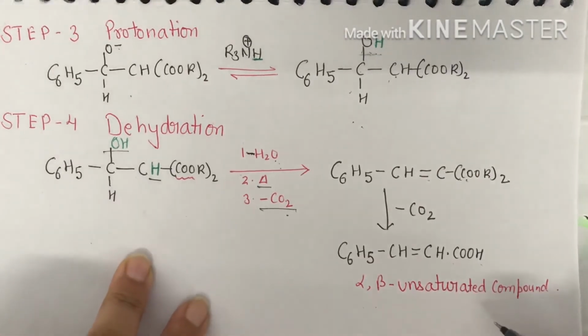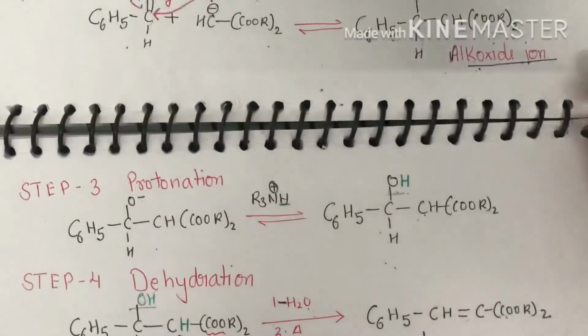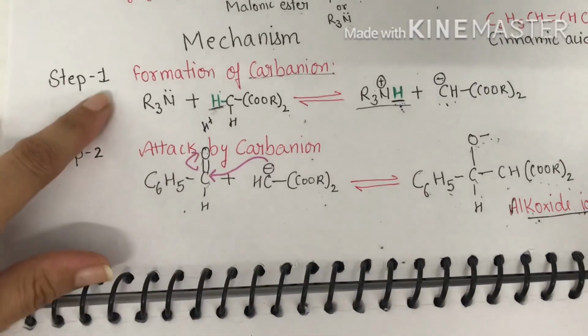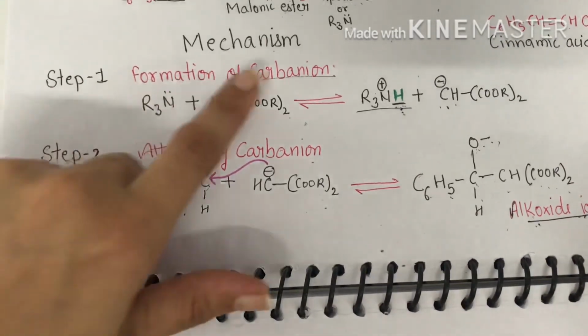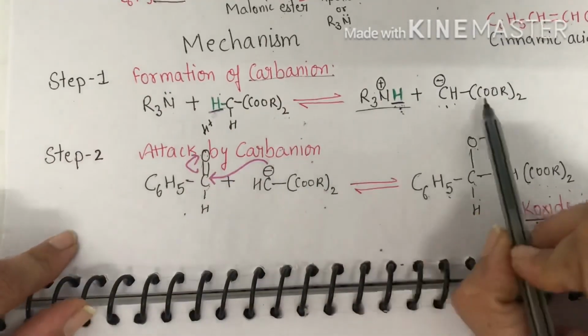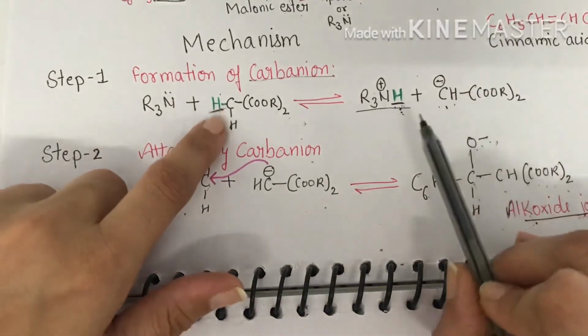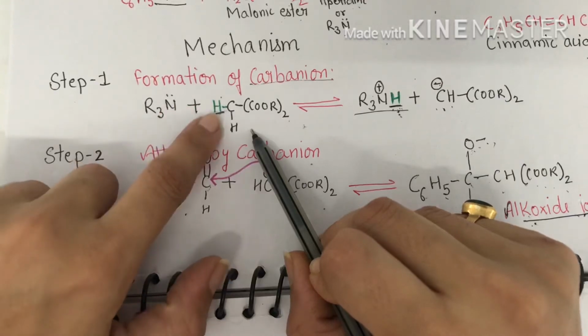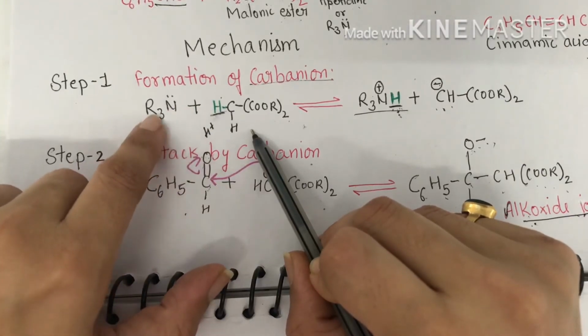This is all about Knoevenagel reaction. Just take a look for a revision. In the first step, what is happening? Formation of carbanion. This carbanion is formed by abstracting the proton from the ester. This proton is being abstracted by the base catalyst.